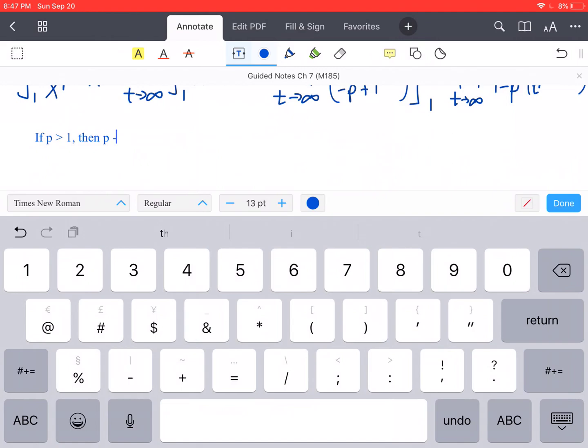So if p is greater than 1, then if we subtract the 1 from both sides, p minus 1 is greater than 0. Right? So that statement is equivalent.